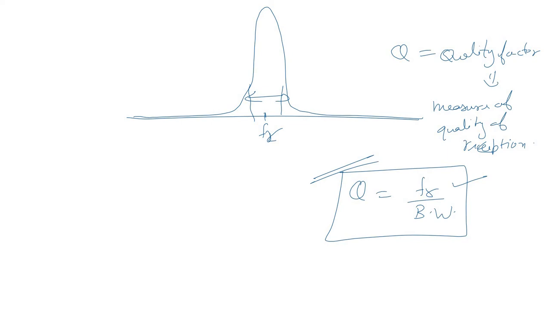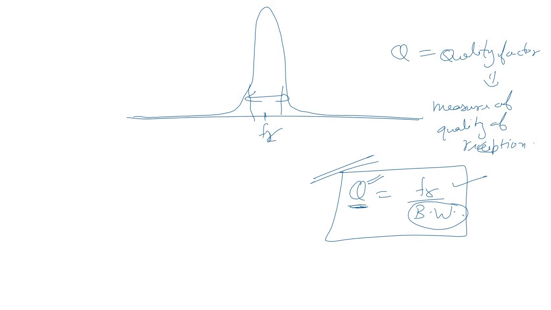So the larger the value of the bandwidth, the smaller the Q factor. We have an inverse relationship between these two, and the smaller the bandwidth, the larger the value of the quality factor. So mathematically also we can say that the smaller the bandwidth, the better the quality of reception.